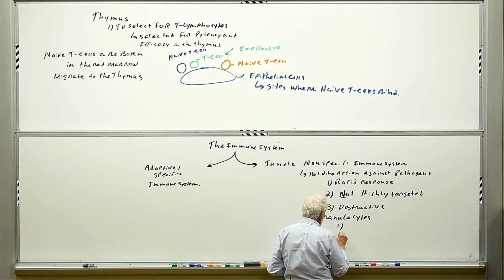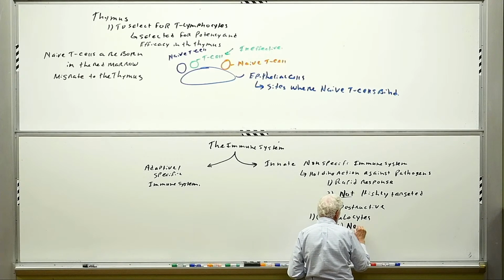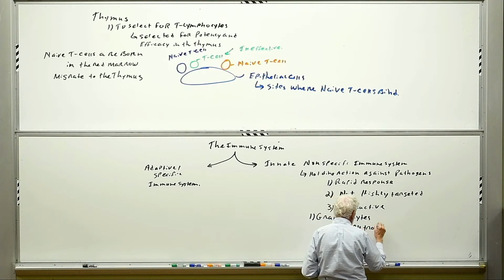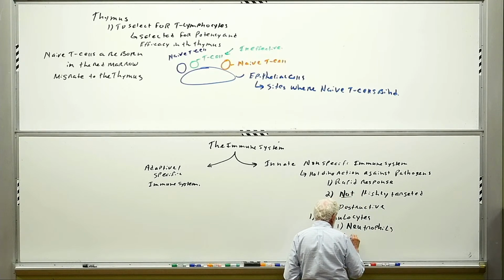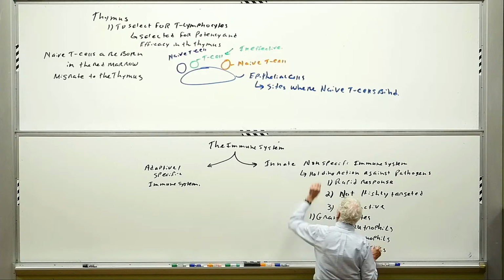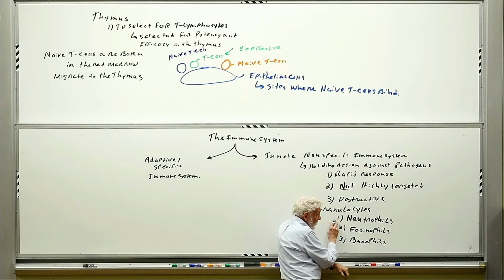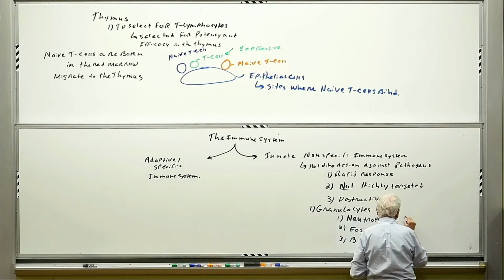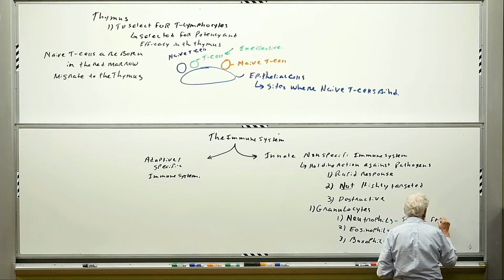And there are three types of granulocytes. One are called the neutrophils, and these are the ones we're going to concentrate on. The second are the eosinophils. And the third are the basophils. The neutrophils, we're going to see, can secrete free electrons.